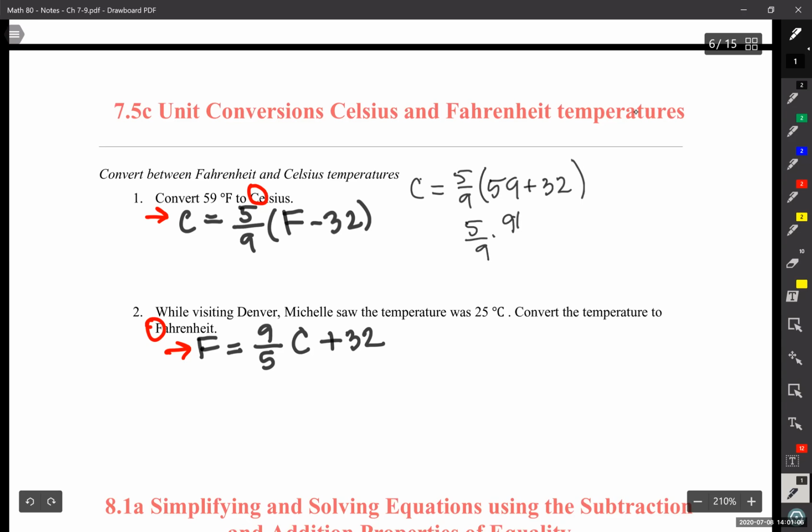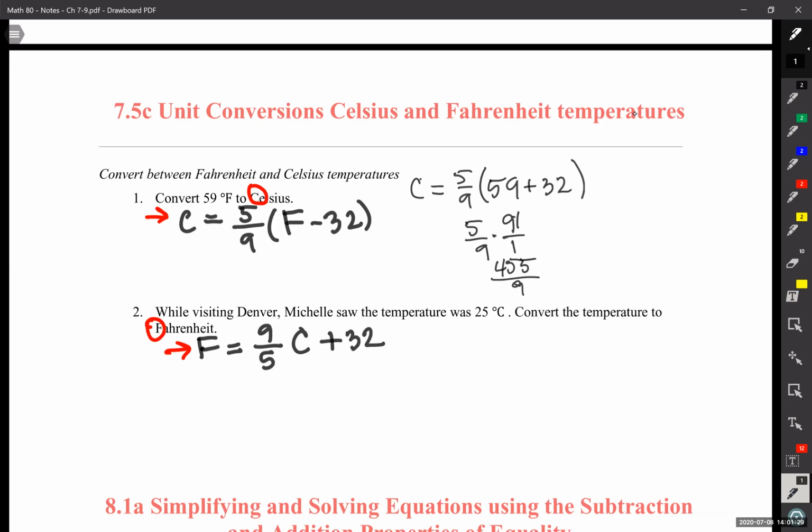And then I'm multiplying that times 5/9. So 9 and 27 can reduce. So I'm going to multiply 91 times 5 and get 455 over 9 as my, not my final answer, but my next step.